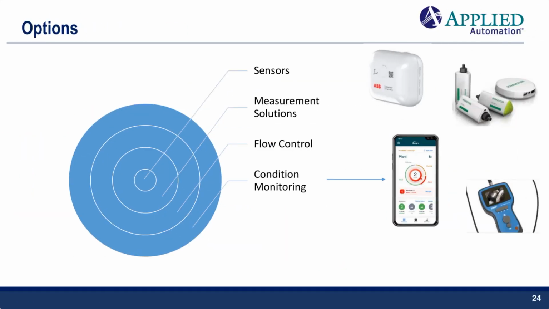And then condition monitoring is kind of on that same tangent of preventative maintenance. So we have a very big network of different condition monitoring sensors with a software attached to it. All of these 4 different categories, it's just kind of for everyone's information to know that we have the capabilities to provide this hardware.